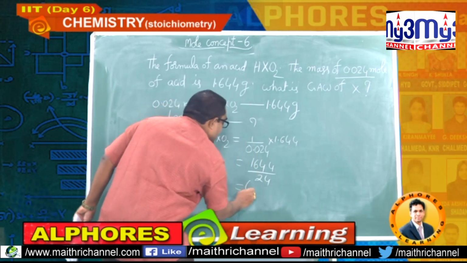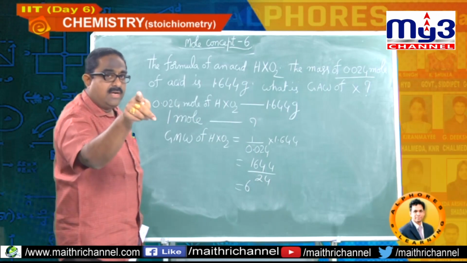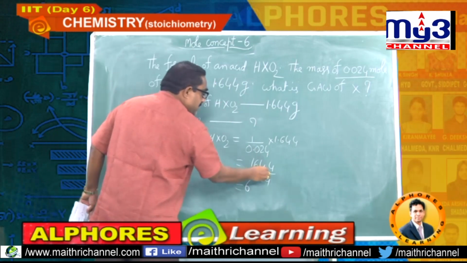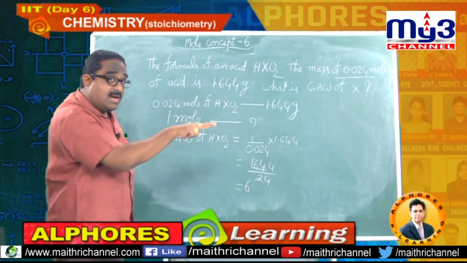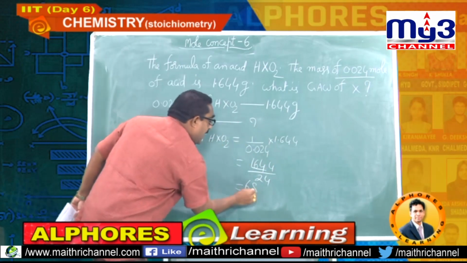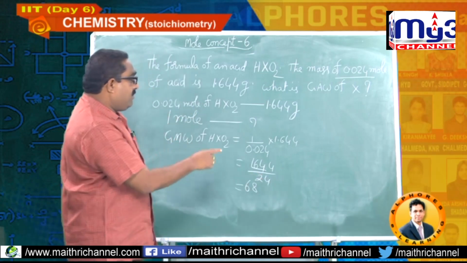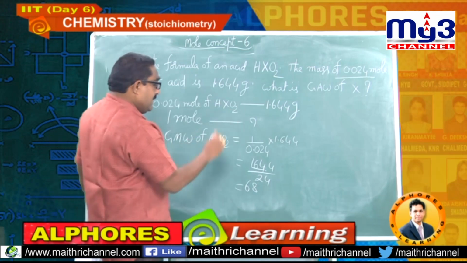Observe it. 6 times 24 is 144. The first is 164. 164 minus 144 is 20. Again 4, 204. Again I can take 8 times. 8 24s: 8 20s are 160, 8 4s are 32, 192. And the remaining is 12.